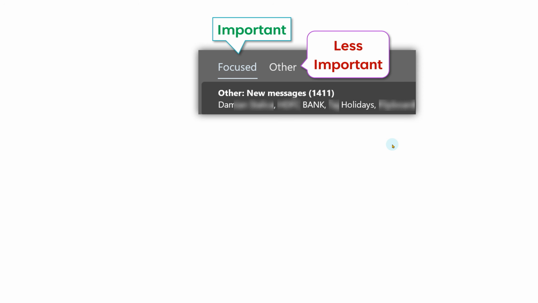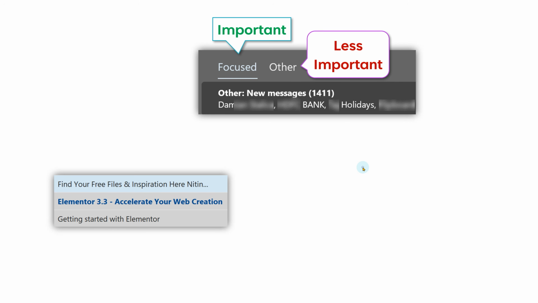So mails are automatically analyzed, and whenever Outlook thinks it is less important, it uses AI to understand which one looks less important based on your way of handling mails, of course. And then it'll automatically put it in other. The mails which recently went into other are shown here. So you can actually see what is going into other folder without going to other folder. So this is important, this is less important.